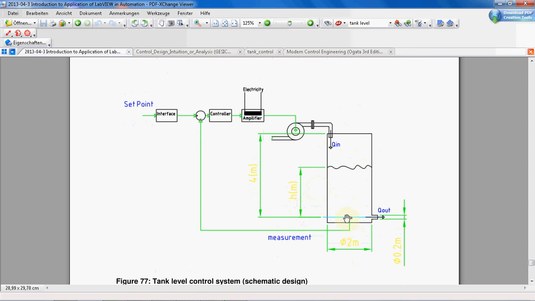We have a tank, we have a sensor here, and let us start from here. Just to explain the different parts: this is a tank, this is a pump, and this amplifies the input signal, and the output goes to the pump. Here there's a sensor to measure the level of the tank.